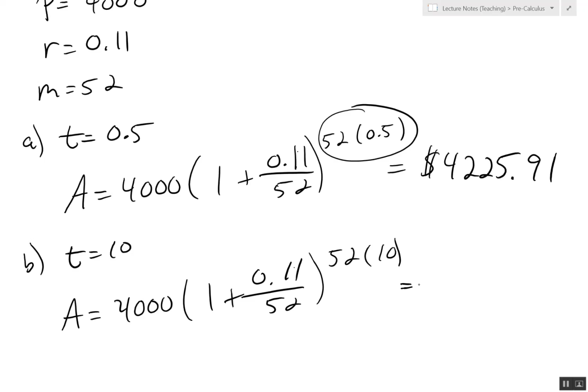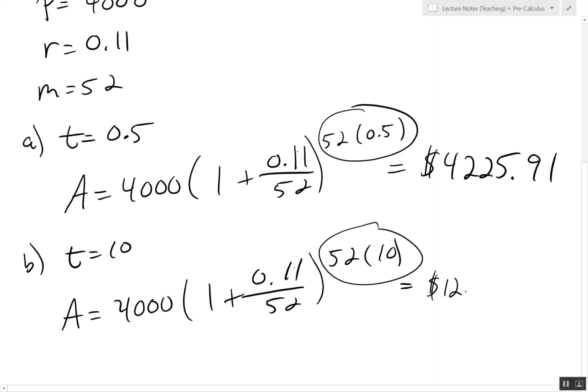So we have 4,000 times 1 plus 0.11 divided by 52. Again, when you put this in the exponent, make sure you wrap it in parentheses. And we get that after 10 years, we're going to have $12,002.71.